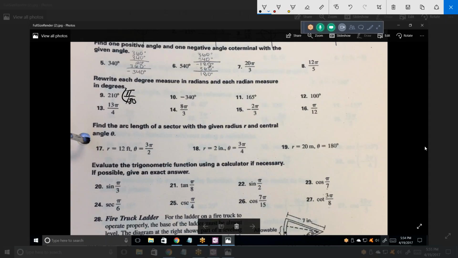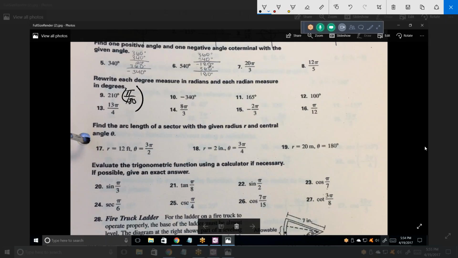It's 180. Always 180. 180 is the magic number in geometry, right? When you were doing geometry, everything adds to 180. The sum of the angles of a triangle adds to 180. Supplementary angles add to 180. 180 is a very magic number. Well, in that conversion factor, it's always 180.